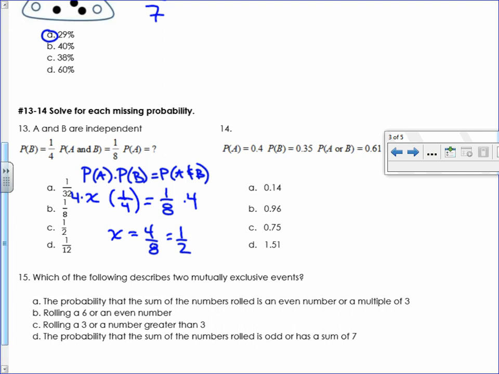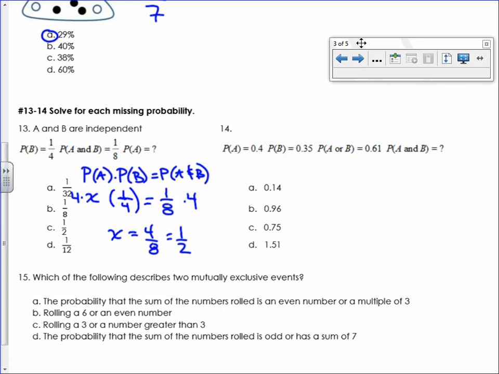Okay? All right. And then for the next one, number 14, it says the probability of A is 0.4, probability of B is 0.35, probability of A or B is 0.61. So what is the probability of A and B? So for number 14, there's really some extra information in there. Okay, yeah. I didn't need to use the OR to do that problem.